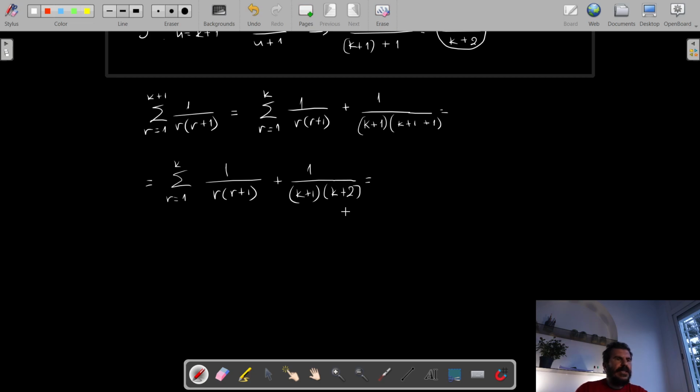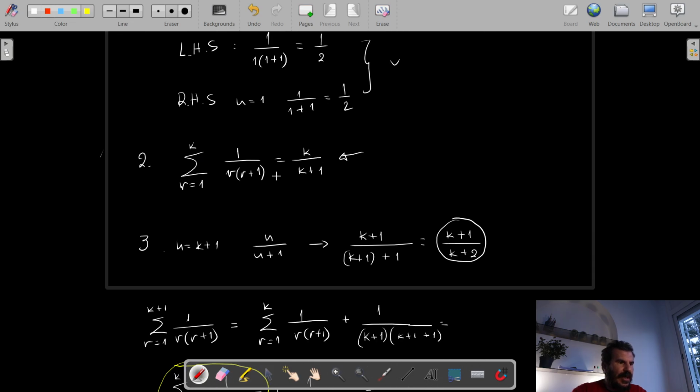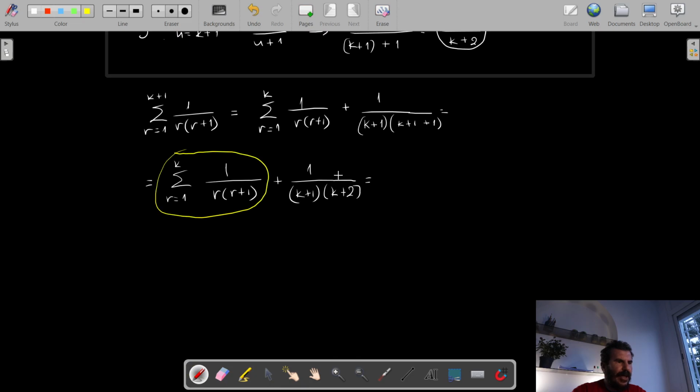And now is where I will use this part, which is what I assumed from the previous step, my series is equal to this. You see it here. This one is what you will use. So how much is it? Well, it's k over k plus 1.